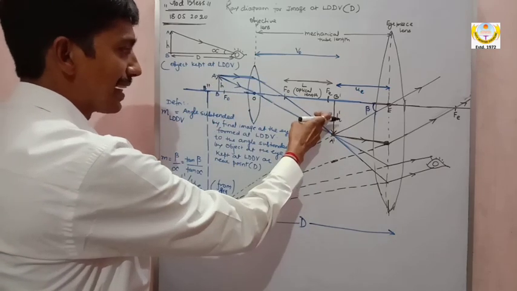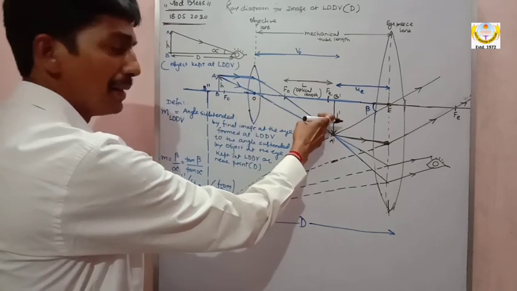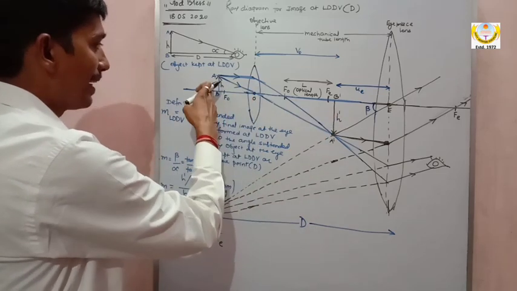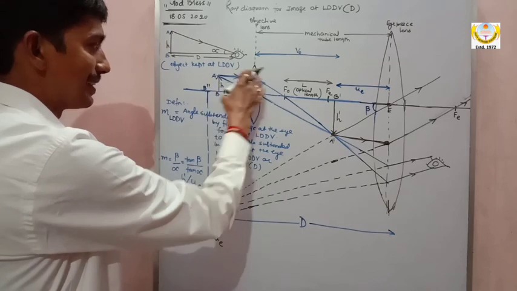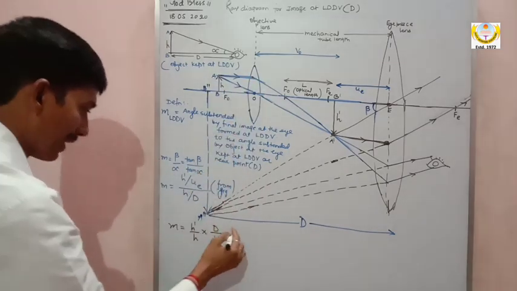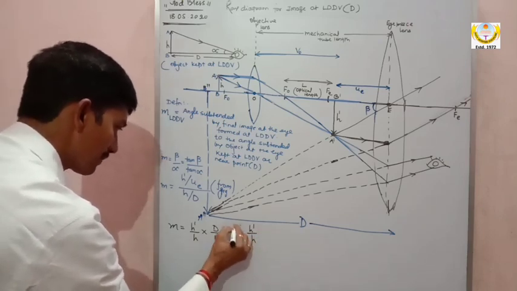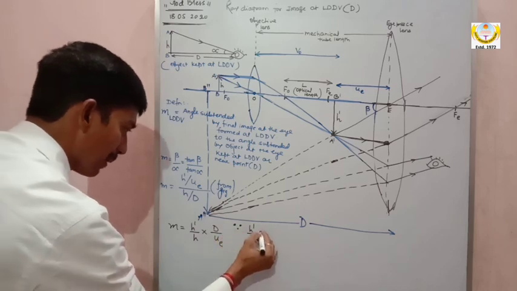This h dash is the image formed by the objective, and h is the size of the object for the objective.